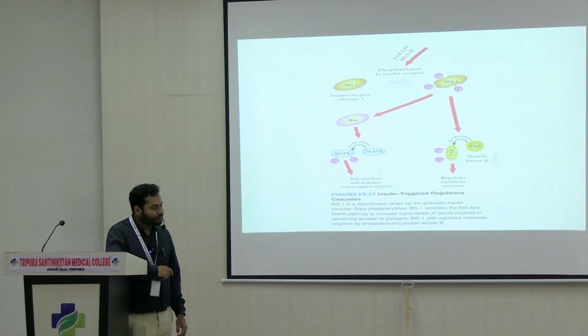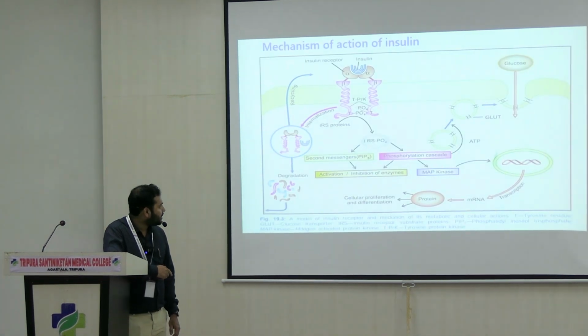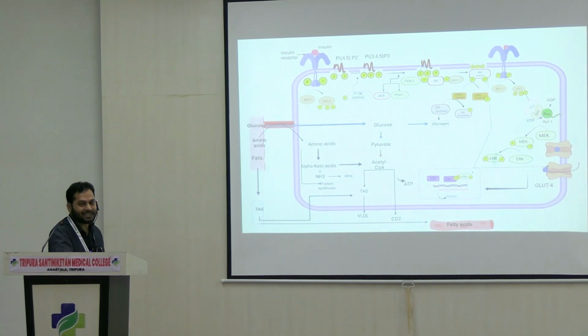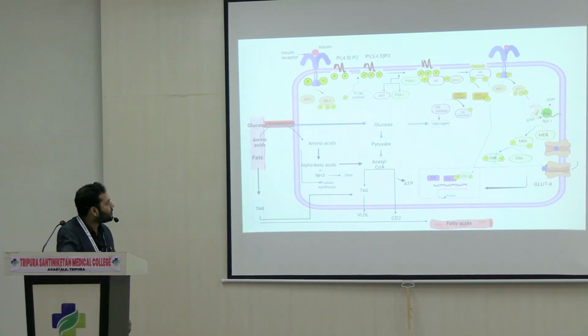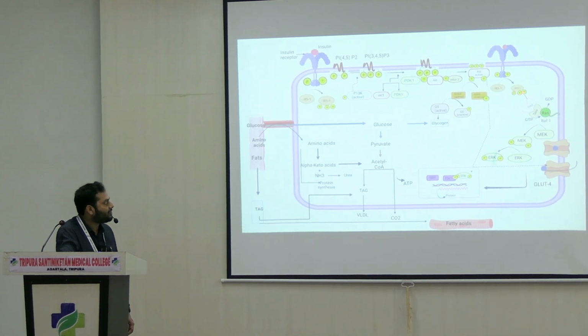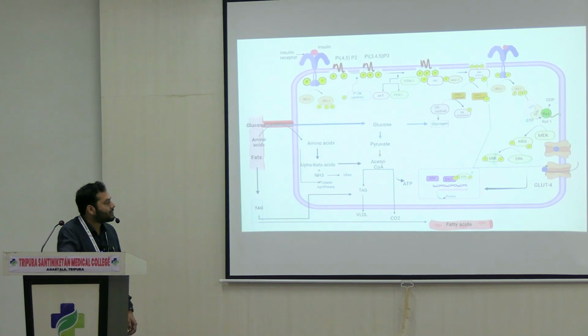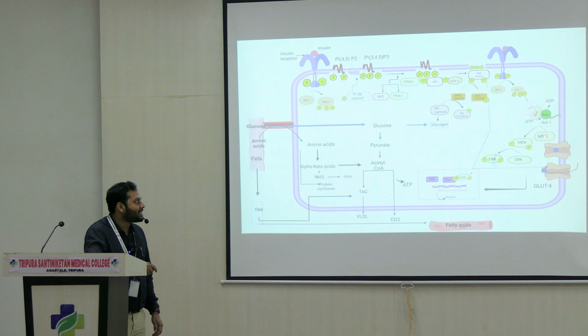This is one pathway. Now the same things I can explain using another diagrammatic representation. Here you can see what the exact pathway is. See, this is the MAPK pathway. The activation of IRS by the phosphorylation sequence, and this activated form of IRS enters into the downstream signaling cascade.